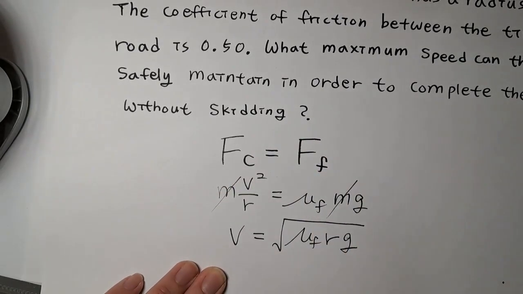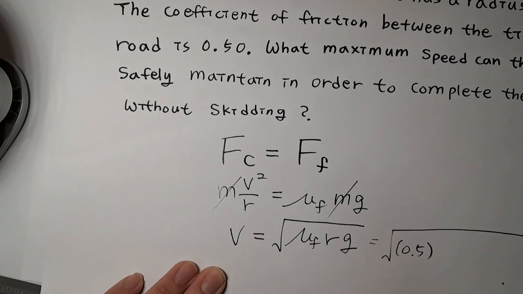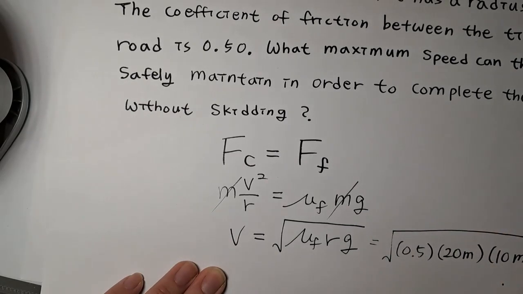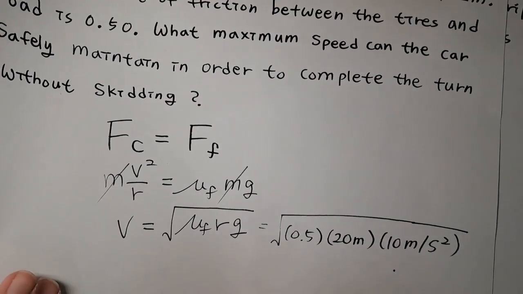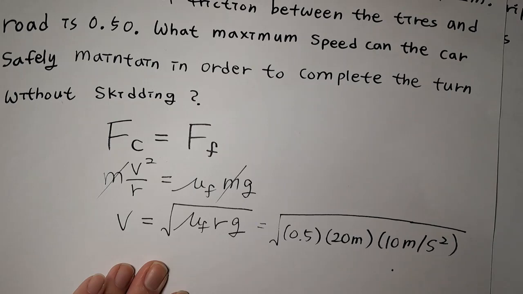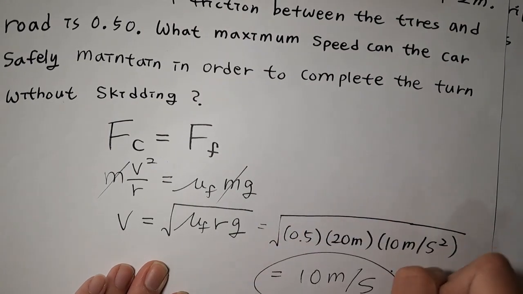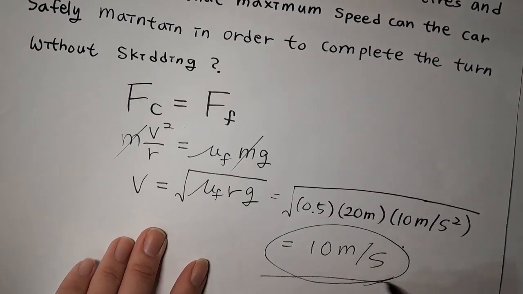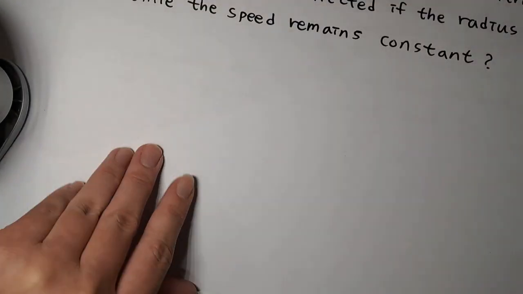So the mass is cancelled out, and so 10 meters per second is the answer.